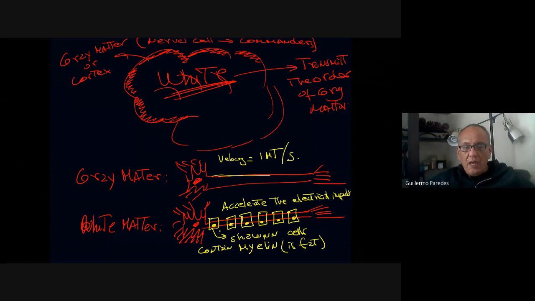Meanwhile, here we have the Schwann cells in this white matter, which are going to transmit 100 meters per second. See, it's very fast. So this is logical, because if you're in the army and you give orders, you want these orders to be sent very fast, correct? And that's why the white matter contains these Schwann cells, which accelerate that electrical impulse. You okay with that?